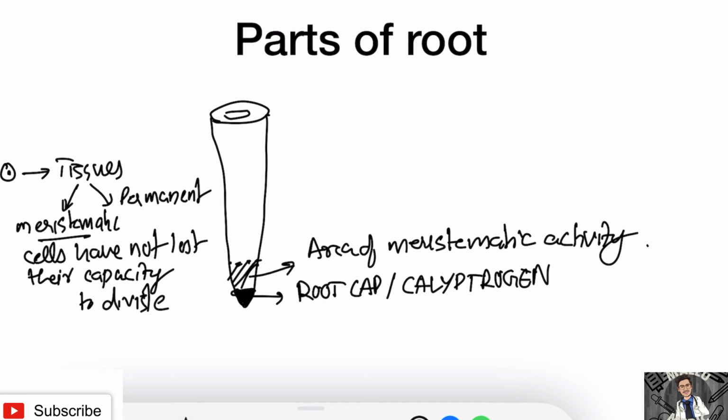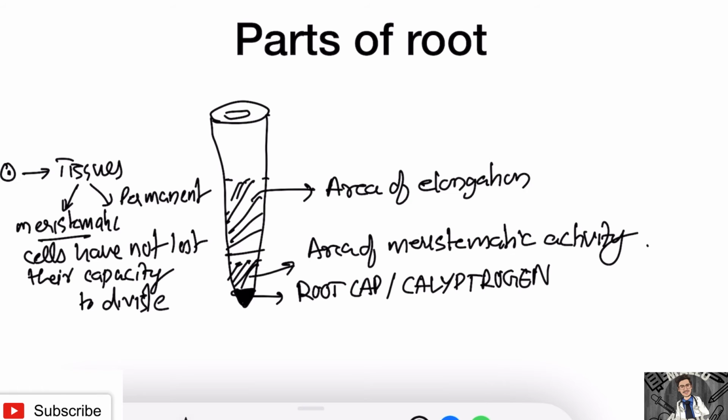And then the region above the area of meristematic activity, we call it the area of elongation. The cells which arise at the area of meristematic activity come to the area of elongation and proliferate over here.